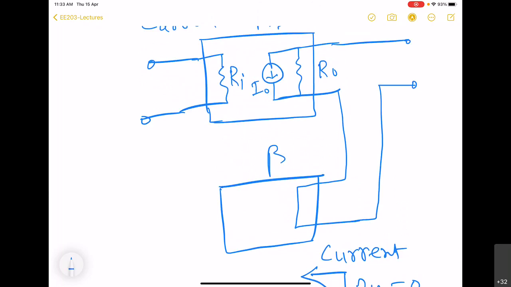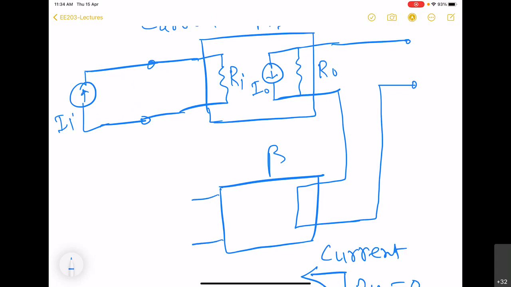Now on the output side, what we have to do is add current here. The external current will be added, so it will be excited by a current source in this way. So current has to be added here.